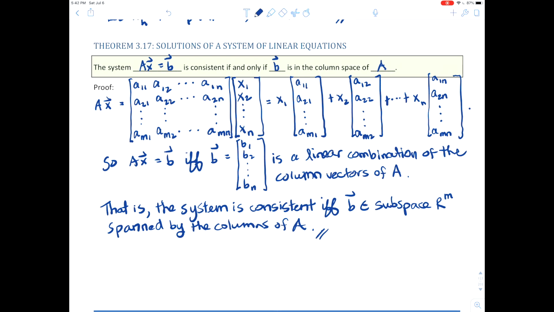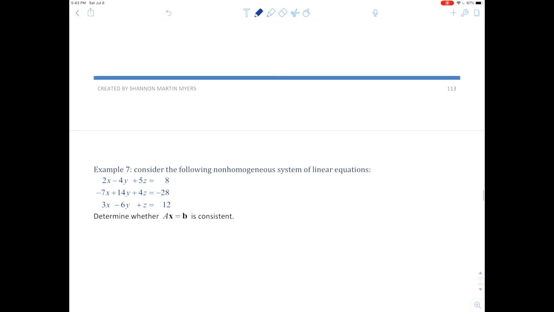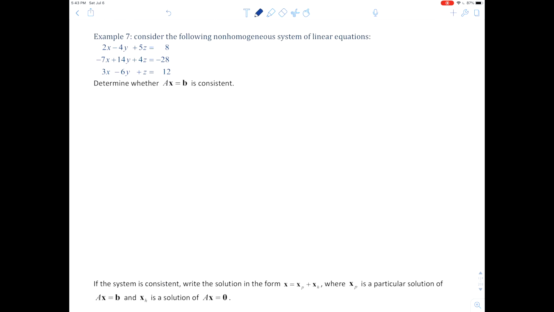And so now we have another example. So we've got this non-homogeneous system of linear equations, right? We want to determine whether A times x equal to B is consistent. So, all right, let's take a look at the reduced row echelon form of this augmented matrix. We're finding a particular solution, okay?